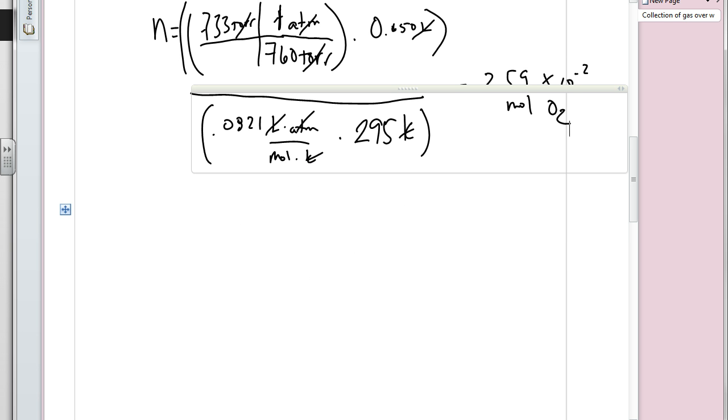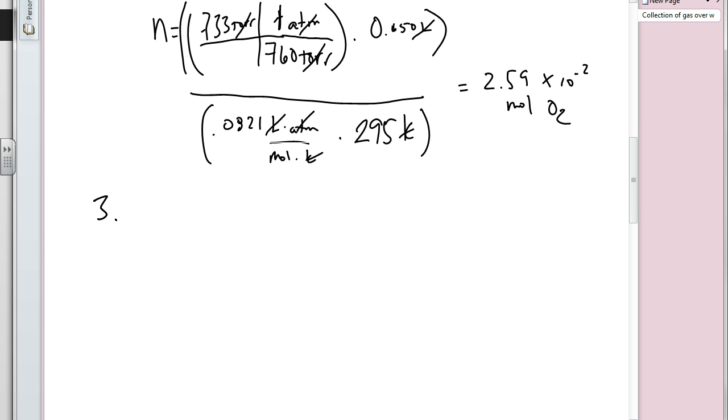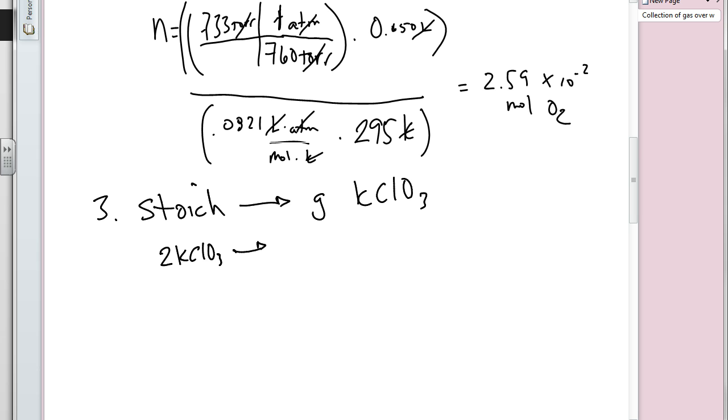Our third step here is going to be, we want to do stoichiometry to calculate grams of KClO3, potassium chlorate, and that's what we were after. So the stoich from our balanced equation is going to be 2 KClO3 decomposed into 3 oxygen molecules plus 2 potassium chloride molecules or moles.